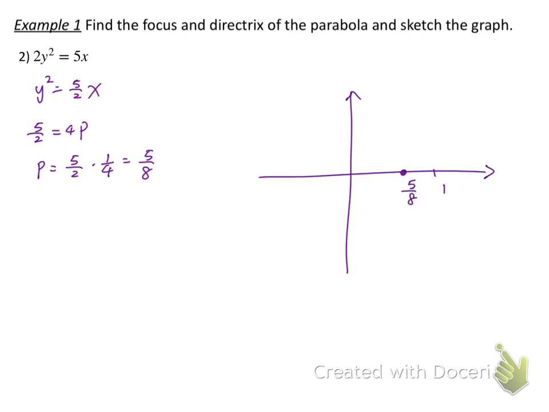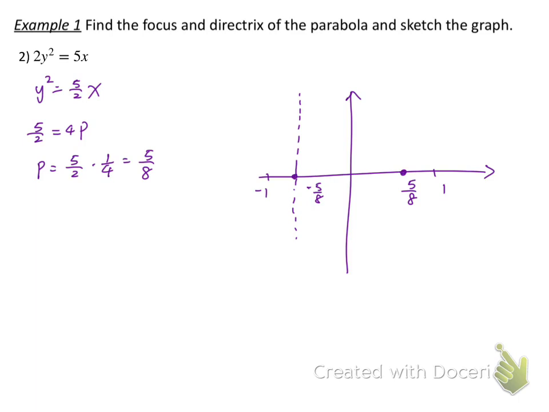And this is -1, and this is -5/8, which gives you the directrix. The single term, the one without the variable that isn't squared, is equal to -p. That's the directrix.